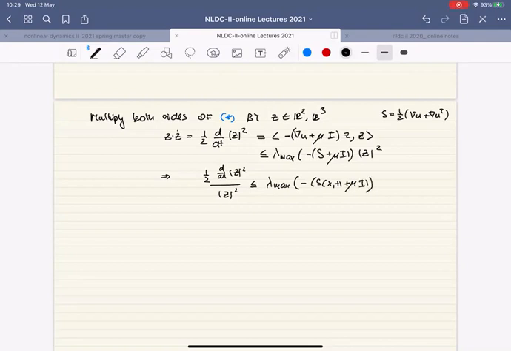Now both are functions of time. So now imagine that you have plugged in the solution z of t that appears here and x of t, which appears here. You have 2 functions, one of them is less than the other.